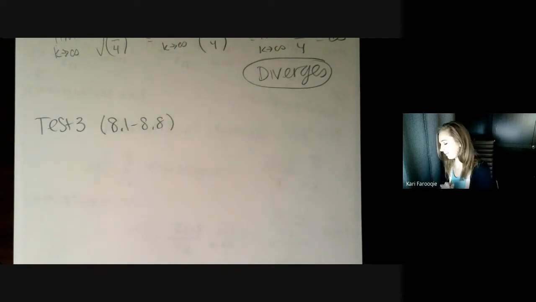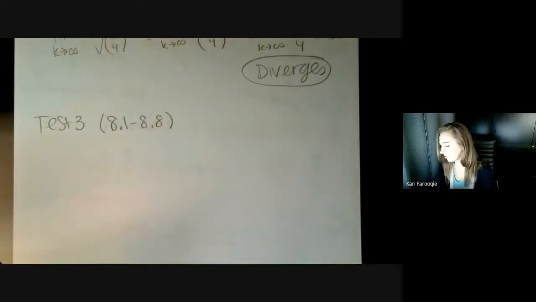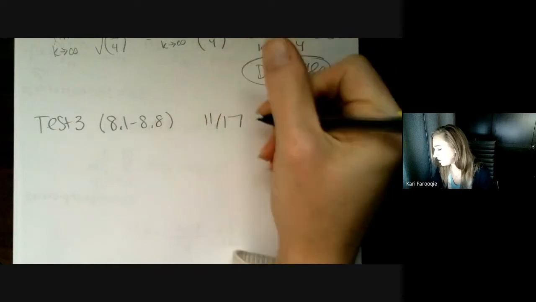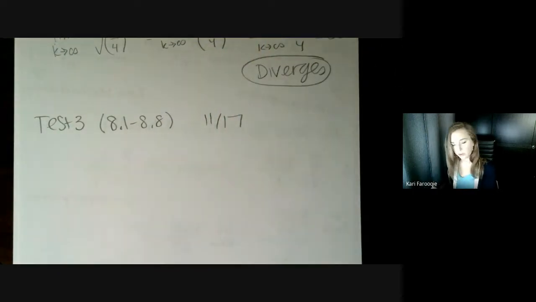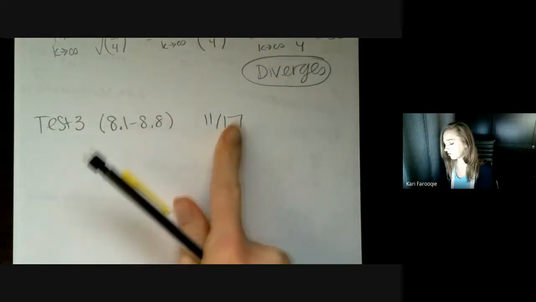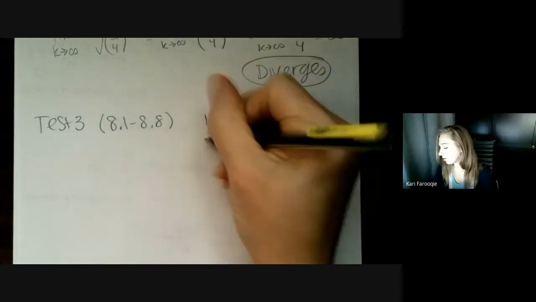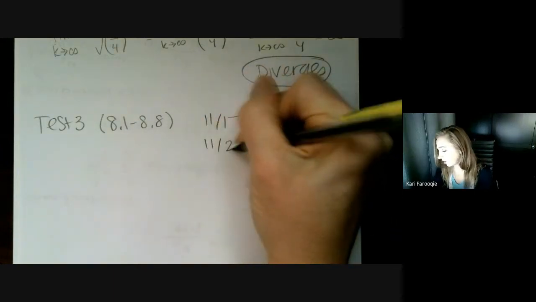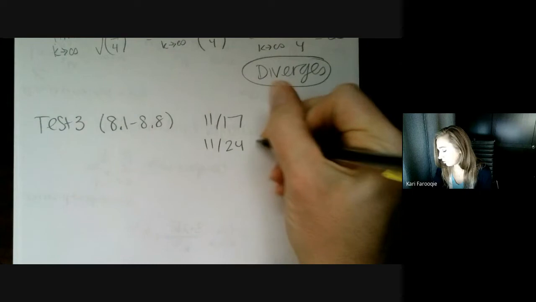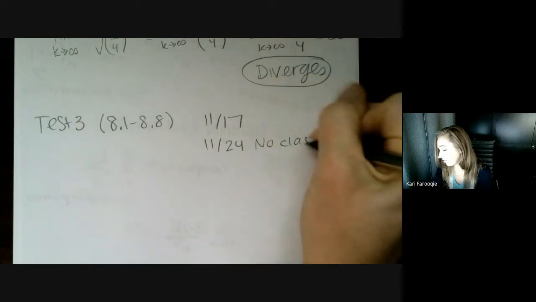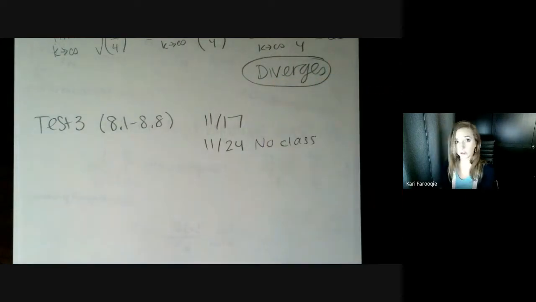Okay, so this is going to be your test next week, which is the 17th during our normal class time. That is going to be the Wednesday before Thanksgiving. So next Wednesday after that, the 24th, we have no class because ECC is going on Thanksgiving break.